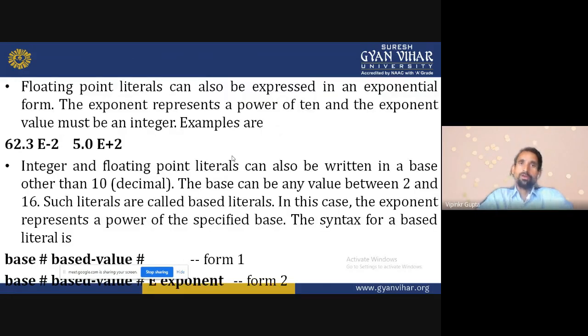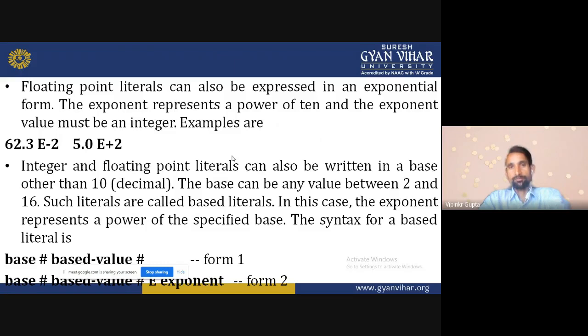A floating point literal can also be expressed in exponential form. If, suppose, e to the power minus 2, then we can express it in floating point. The exponent represents a power of 10, and the exponent value must be an integer.